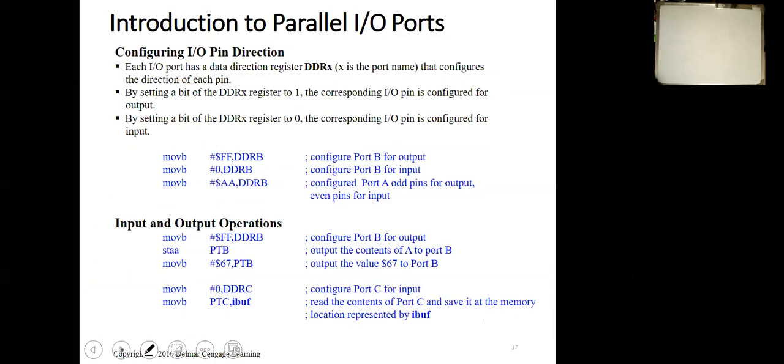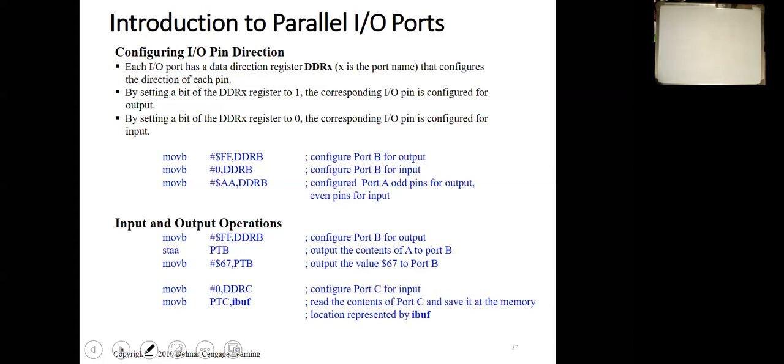Configuring the direction: as we said, the operation of each port in any microcontroller is tied with two registers. One is for configuration or control, which we call the direction register, and the other is the data register, which holds the input or output data depending on the state of the associated pin.